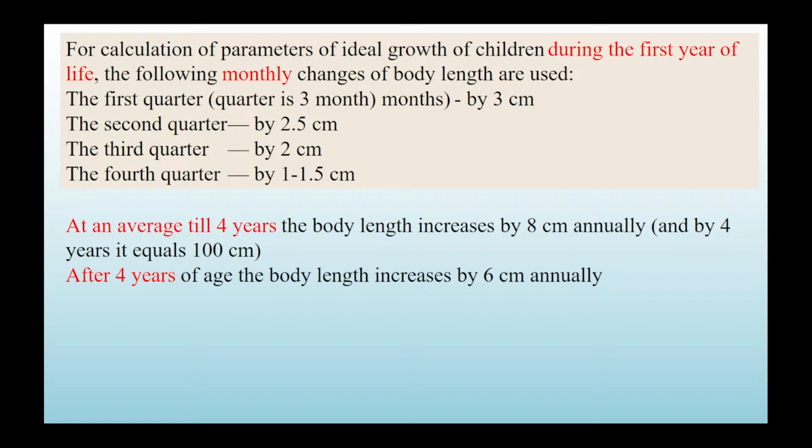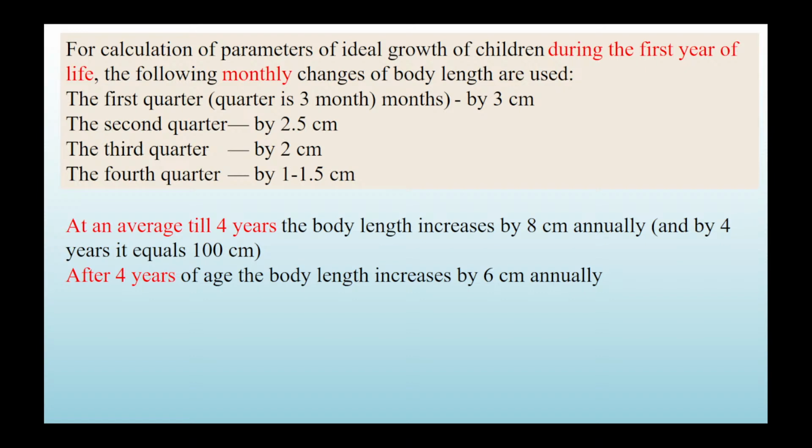In the second quarter of the year, 2.5 centimeters, the third quarter 2 centimeters, and the fourth quarter 1.2 centimeters. This is for calculating the growth of children in the first year of life.